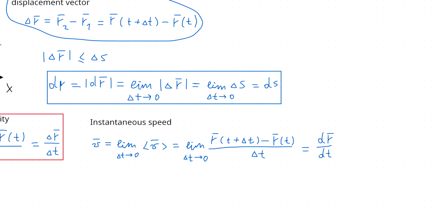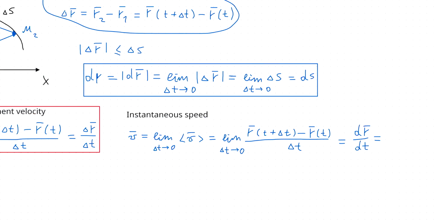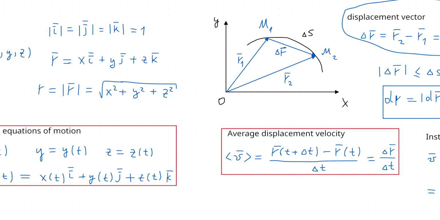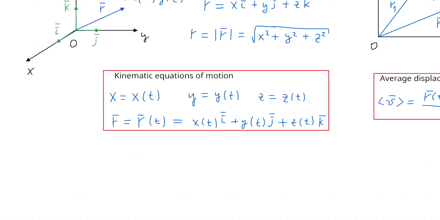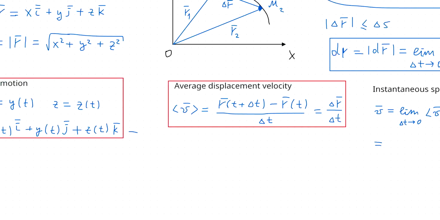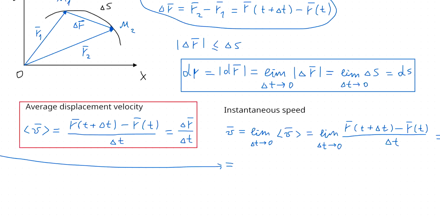So we have that speed is equal to the derivative of the radius vector, and this can be written in another way if we use these equations of motion. So we can use this here. d/dt means derivative.